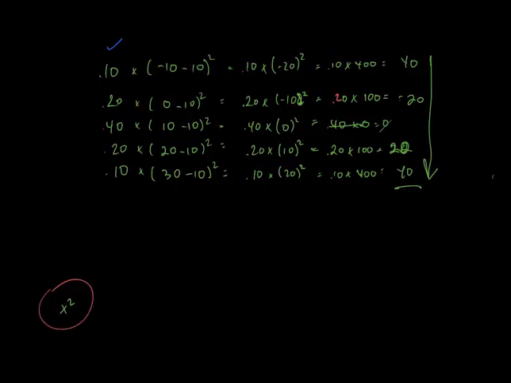Now remember, what we really want, our holy grail here, is standard deviation. But first, 40 plus 20 plus 0 plus 20 plus 40, 120, right? I'm just doing the calculator to make sure, but 120 equals our variance. Okay, so we're almost there, guys. Now let's go back to the PowerPoint and finish this up.